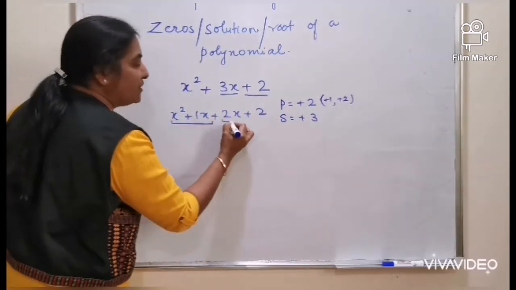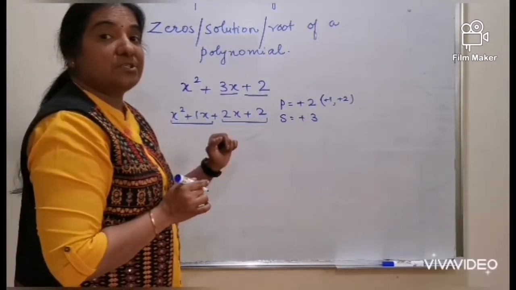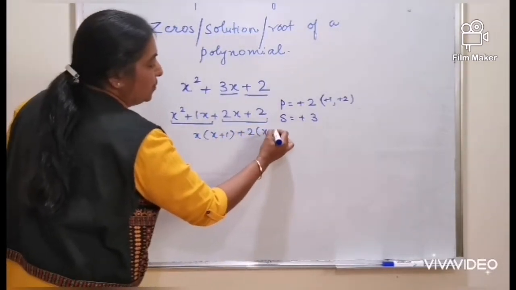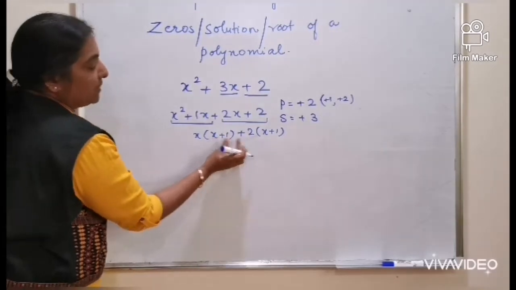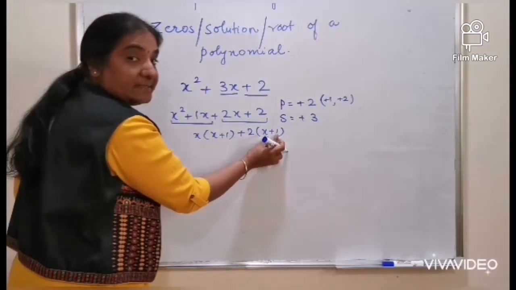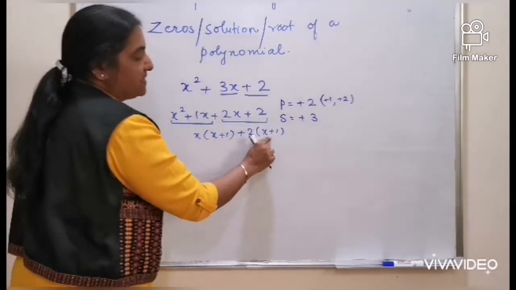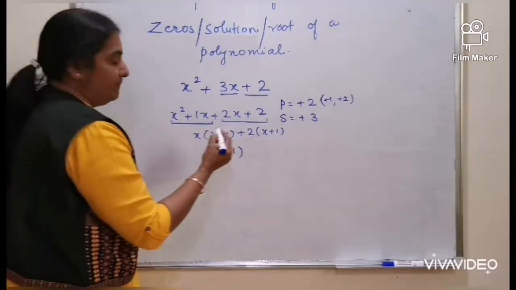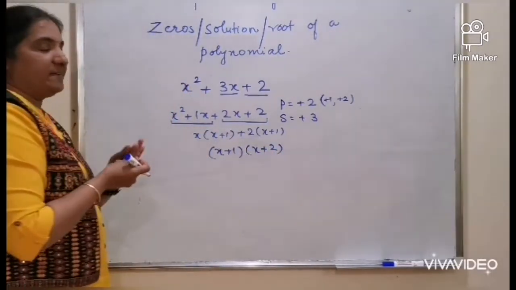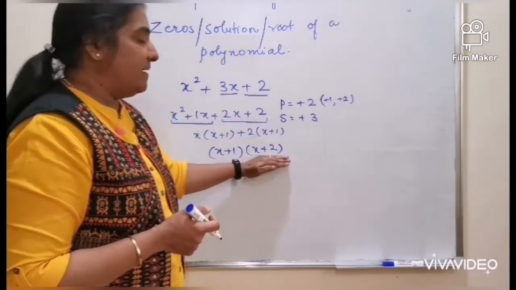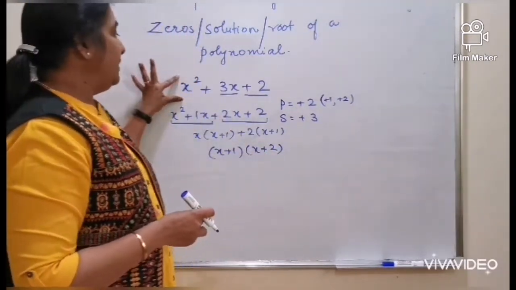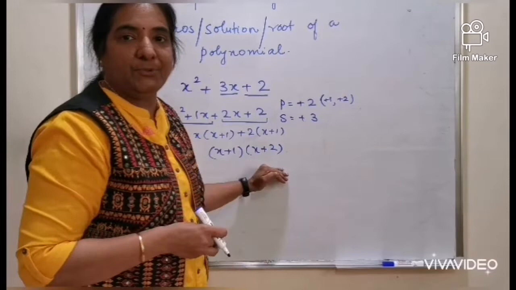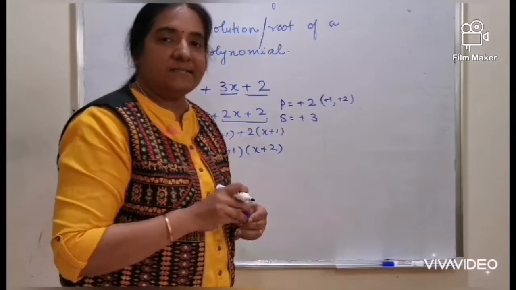The common factor from the first 2 terms and the common factor from the next 2: x into x plus 1 plus 2 into x plus 1, which shows that your factorization is correct, as the term x plus 1 is the same. Again x plus 1 is common and you are getting the factorization as x plus 1 and x plus 2. That is, the polynomial x squared plus 3x plus 2 is of the form x plus 1 into x plus 2.